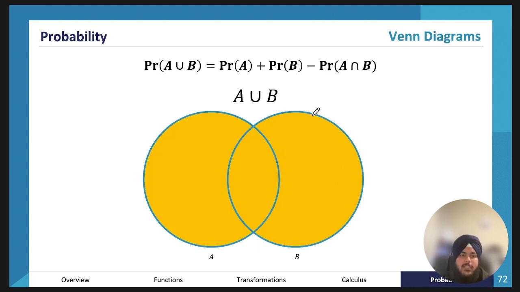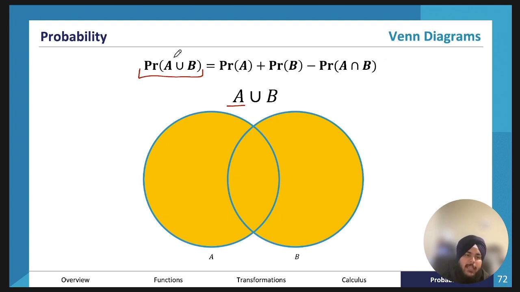Next, if we're looking at A or B, we're essentially looking at this entire shaded region. That will give us event A and also event B. We also have an additional probability formula. If we want to determine probability A or B, and we know what probability A is, probability B is, and probability A and B is, we can use this formula, if the Venn diagram is not mutually exclusive, which we'll look at in the next slide.